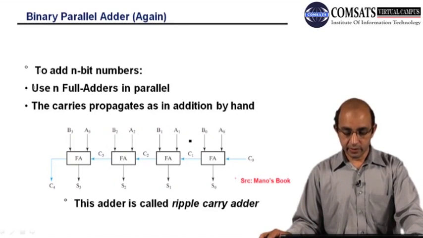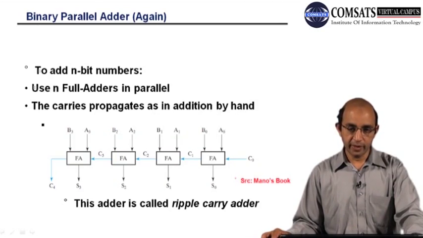Then let's talk about the ripple effect, right. If you talk about the adder, you can say that this is a parallel adder, right. And if we want to handle more bits, we need to add more adders in parallel, right.